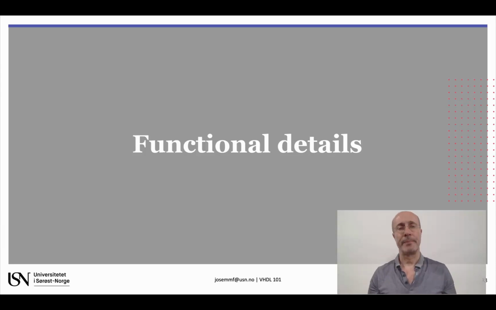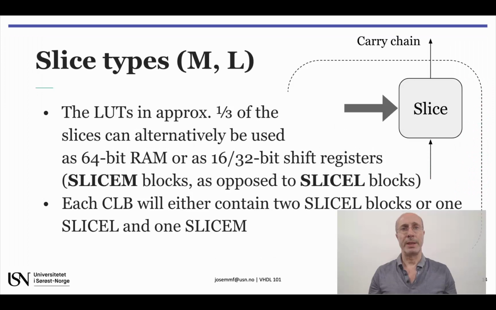As you may have noticed in the table showing the variety and number of resources made available in the Artix 7 family, the Slice M blocks enable a considerable amount of distributed RAM and shift register structures. The same table also shows that Slice M blocks correspond to approximately 1/3 of the total number of slices in the FPGA, since part of the CLBs contain one slice of each type, while the rest contain 2 Slice L blocks.